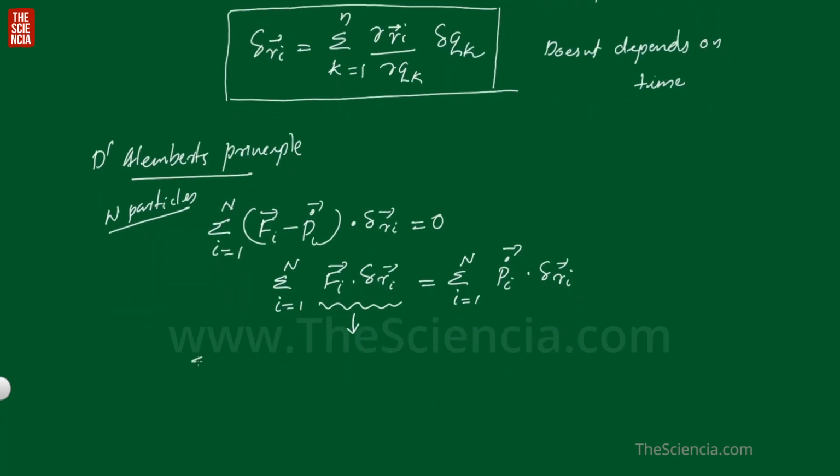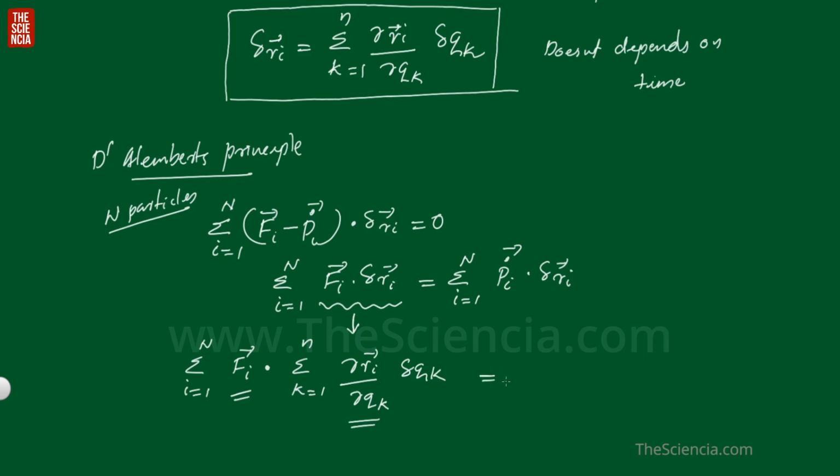So that is summation i equal to 1 to n, Fi vector dot delta ri vector, that is summation k equal to 1 to n, dou ri vector by dou qk into delta qk. Here Fi vector and dou ri by dou qk are vector terms.